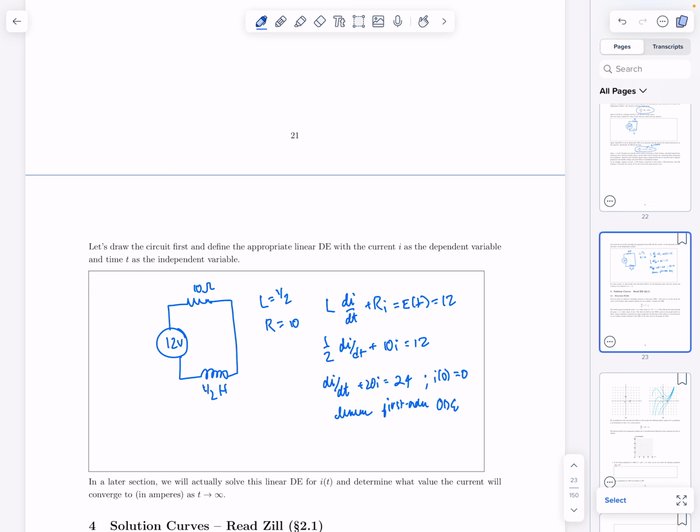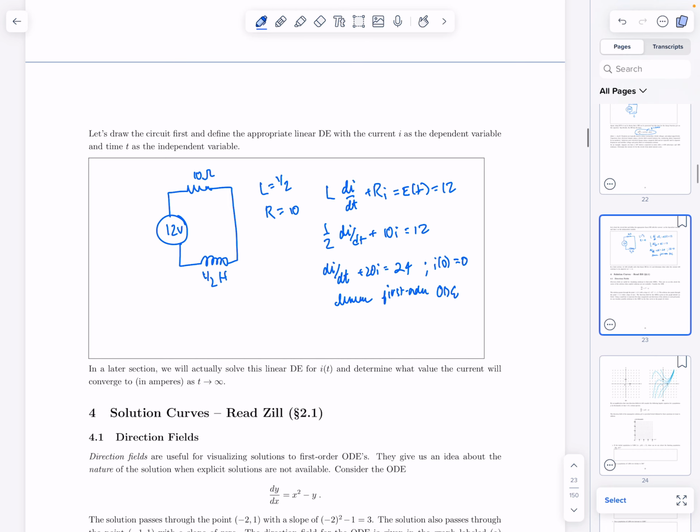Later on, we will come back to this kind of circuit problem and look at the differential equation that describes the current and determine how the current behaves through time as time marches to infinity. Next up is understanding properties of solution curves and starting methods that we can use to solve first order and second order differential equations.